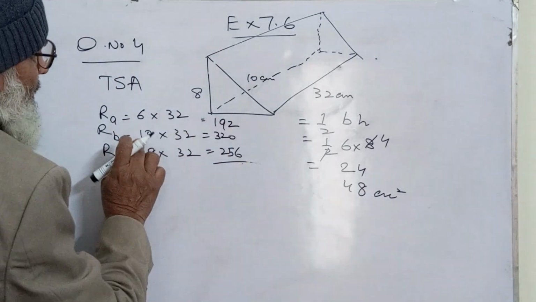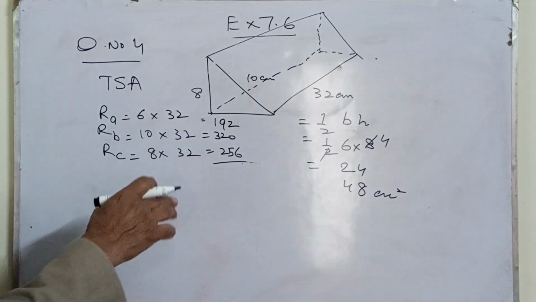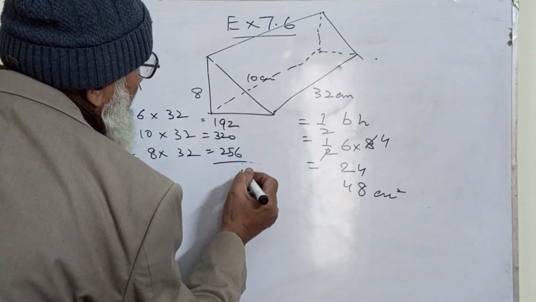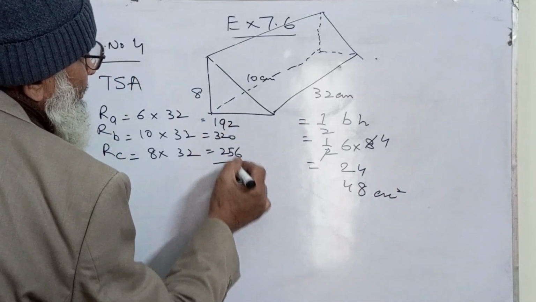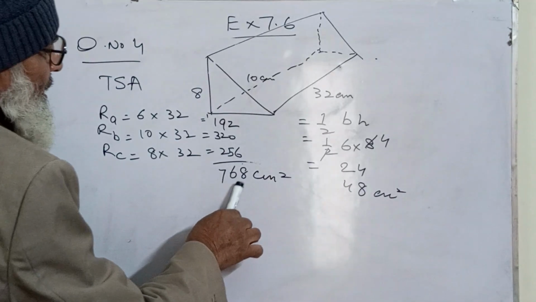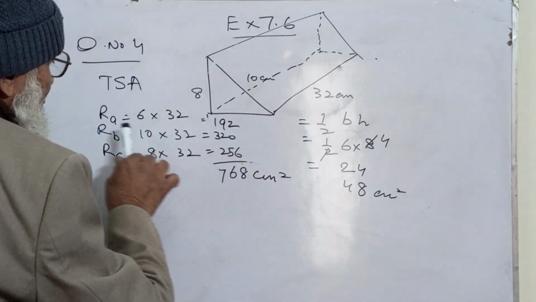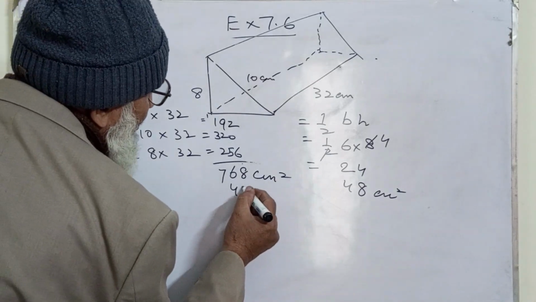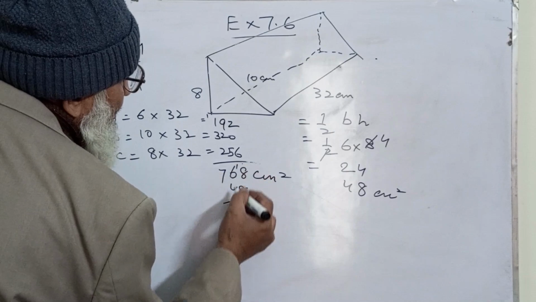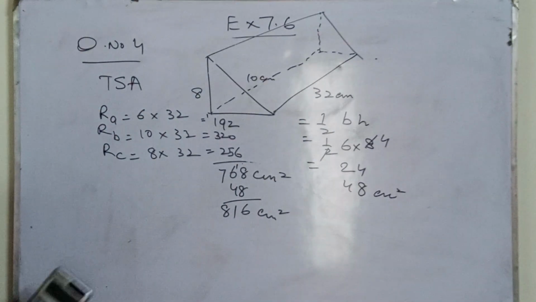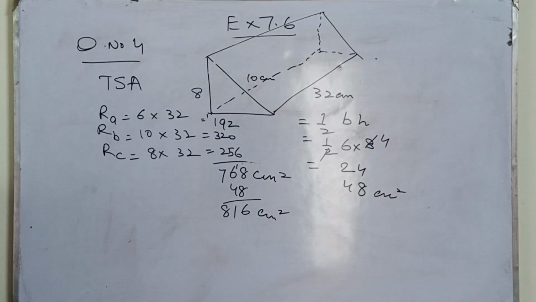It is 192, this is 320. So 768 centimeter square is the answer for the three rectangles RA, RB, RC. Now add this 48, it will become 816 centimeter square. It will remain centimeter square. 816 centimeter square is the total surface area.